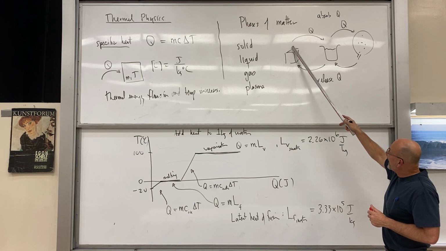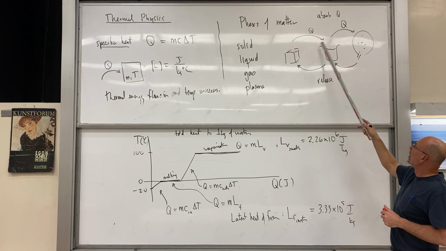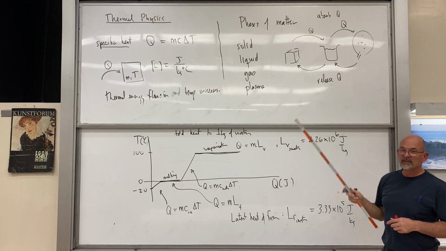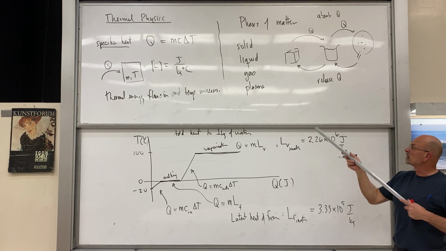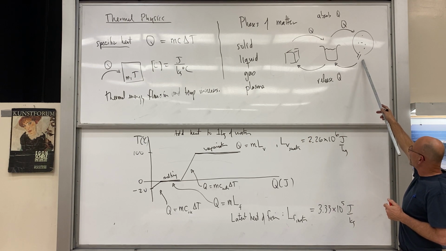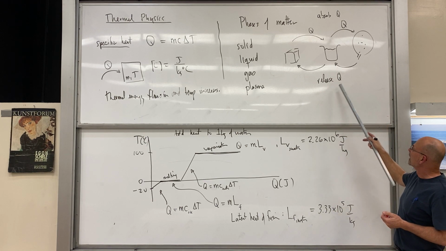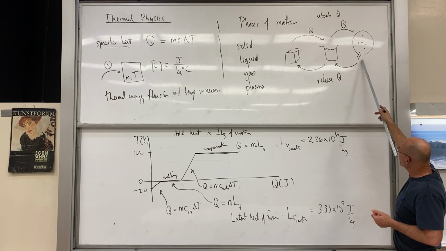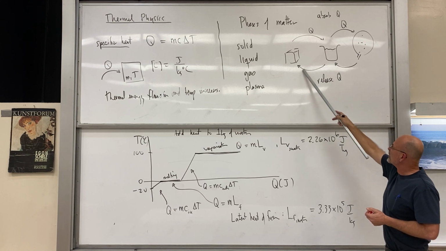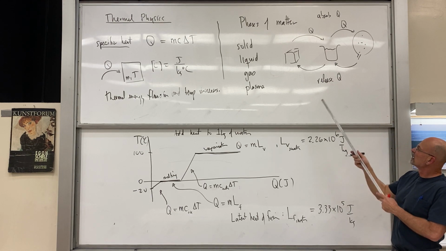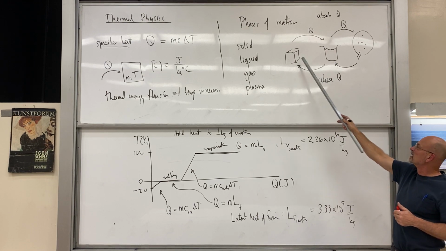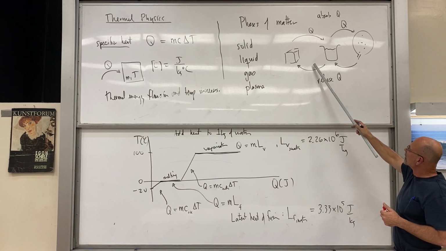You're used to adding thermal energy to melt and to vaporize, but we're not as accustomed to thinking that that much thermal energy will be released, returned to the environment, so to speak, when we go from gas to liquid and liquid to solid. So maybe I should have labeled this a little better. You can fill in some words here, what was going on.